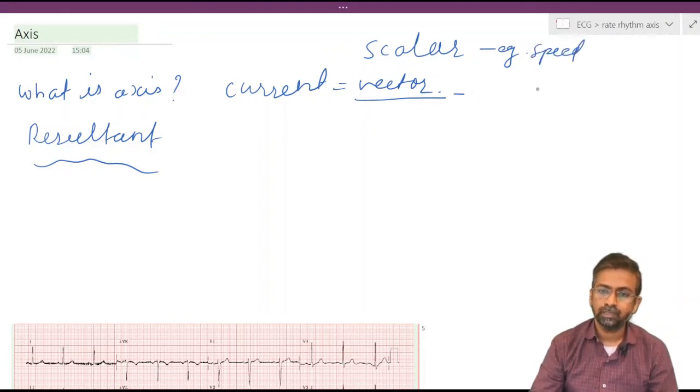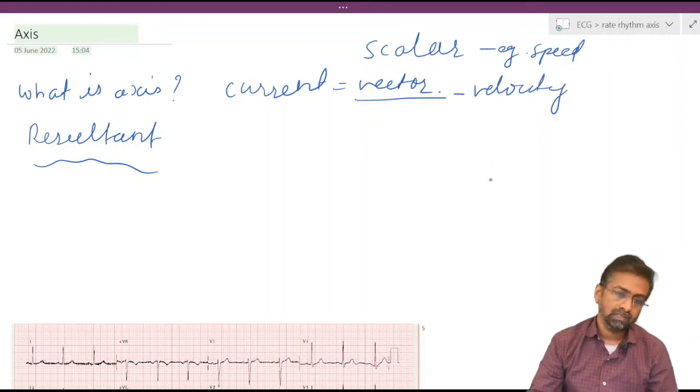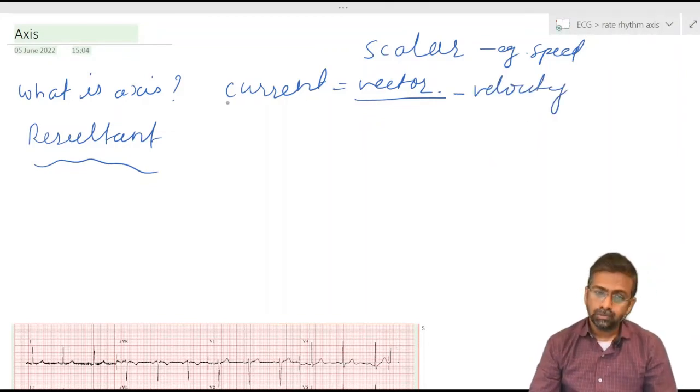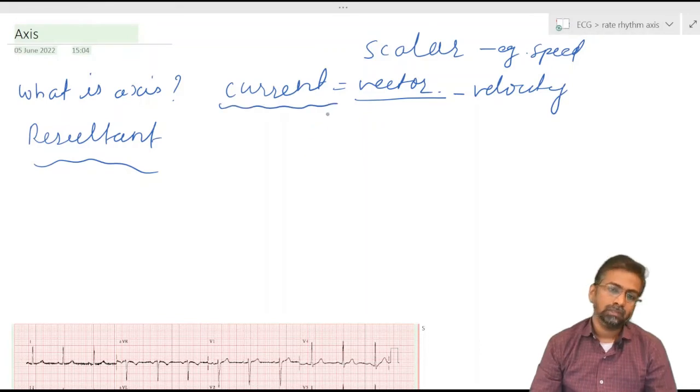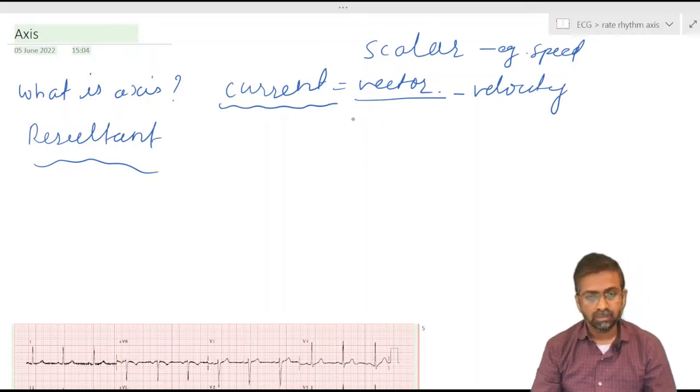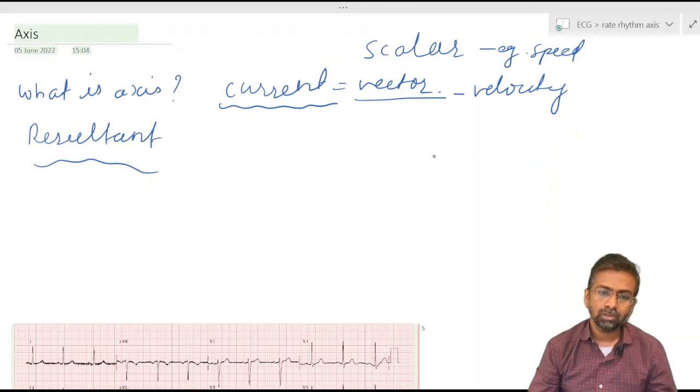So the current here is a vector quantity, and when you want to calculate the resultant, you need to add all the different currents which are flowing in the heart.